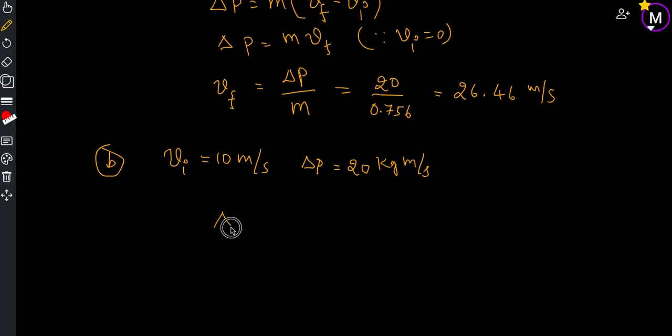Now the formula: delta P equals mass times (V final minus V initial).